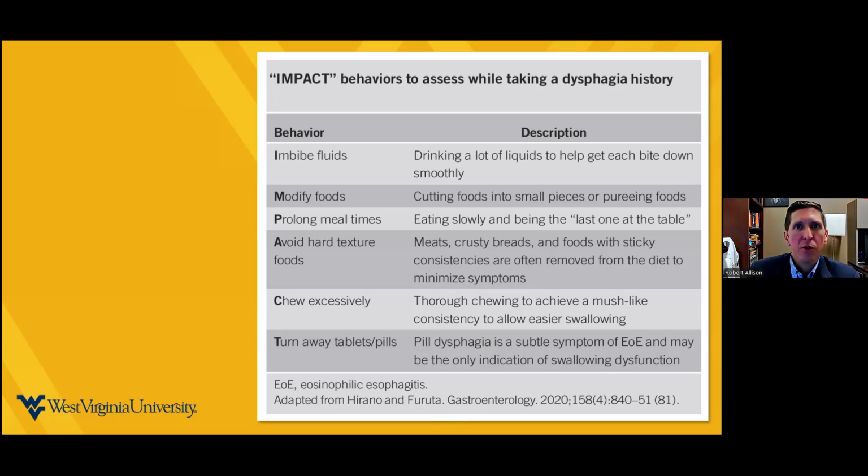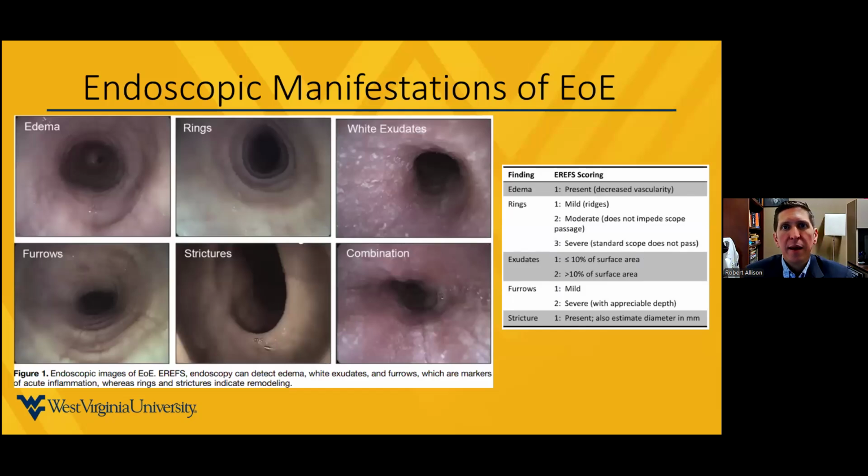Now, EOE is also more of an endoscopic evaluation. And when the endoscopist does their upper GI procedure, they're really looking for 5 different things. It's referred to as the EREFS scoring.